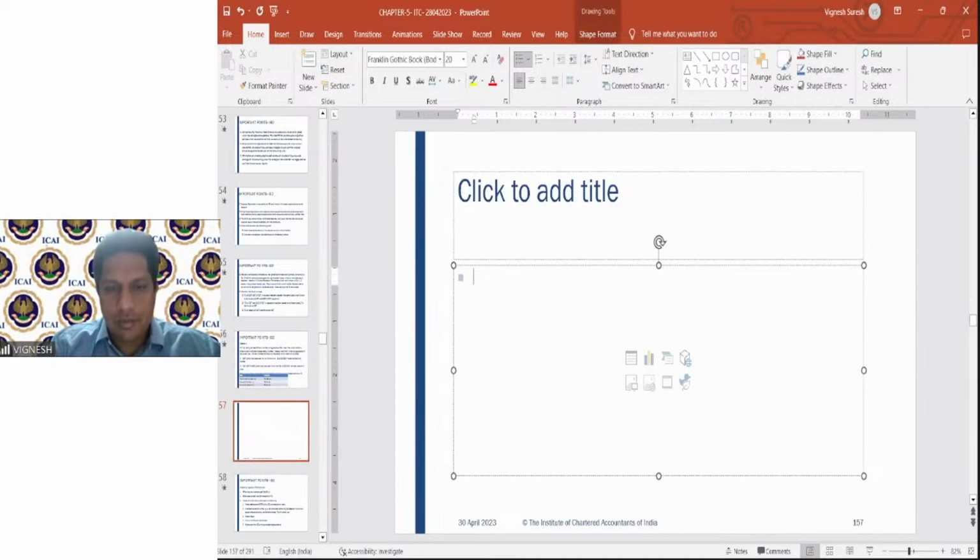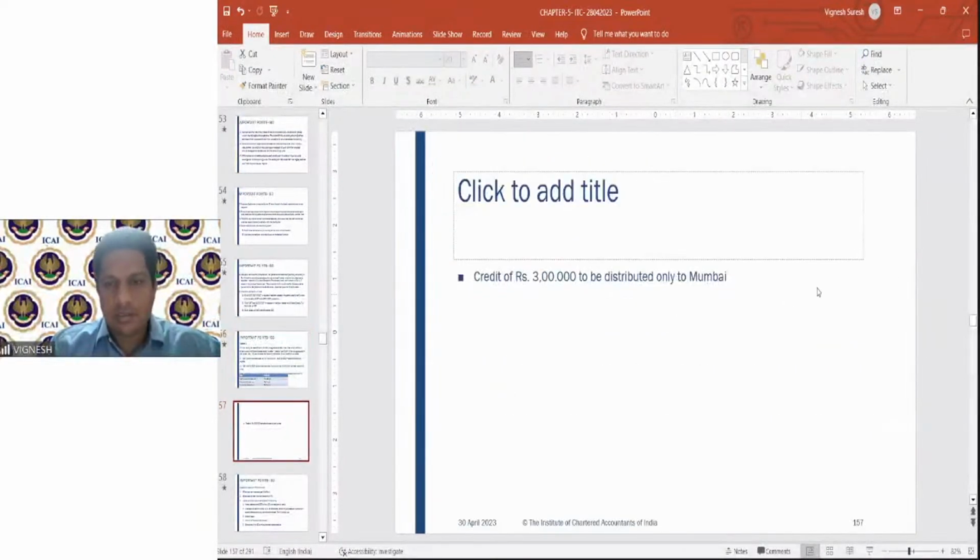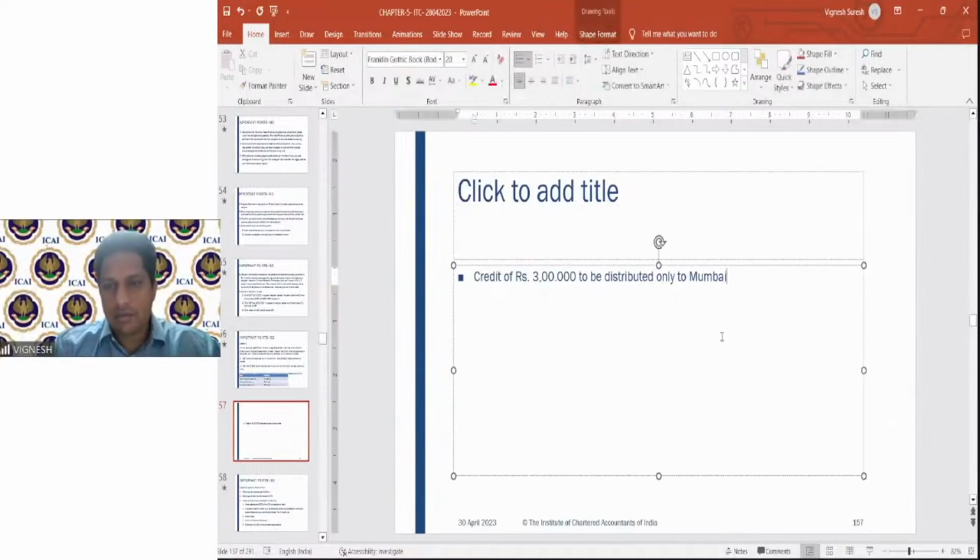So here what is happening? The credit to be distributed. See, the credit of 3 lakhs is to be distributed only to Mumbai. Only to Mumbai, because CGST was paid for services related to Mumbai.